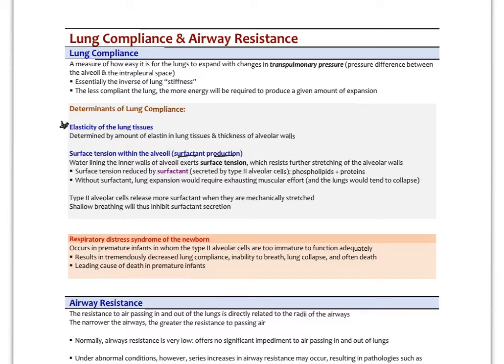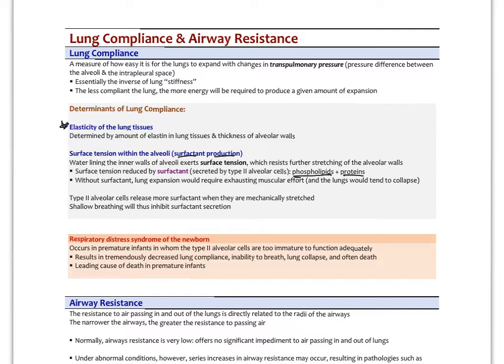So if you have a decrease in elasticity and/or surfactant, you get less compliance, and it's more difficult to inspire. The surfactant is really an issue more with prematurity or anything that damages the surfactant. It's really like a detergent. It has phospholipids and proteins. And we need that to keep the alveoli open.